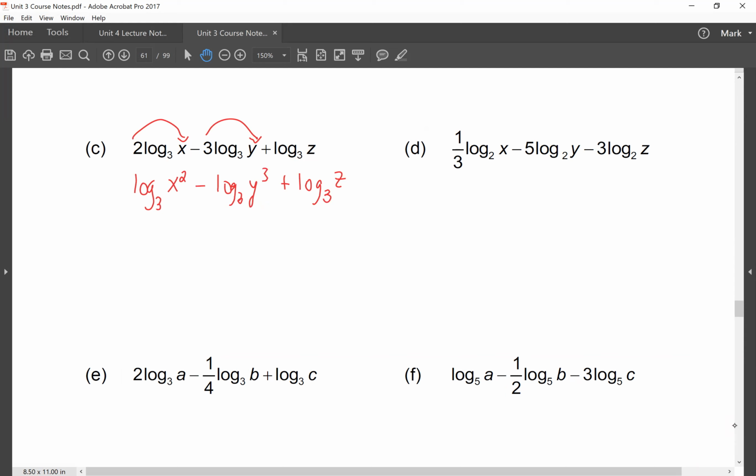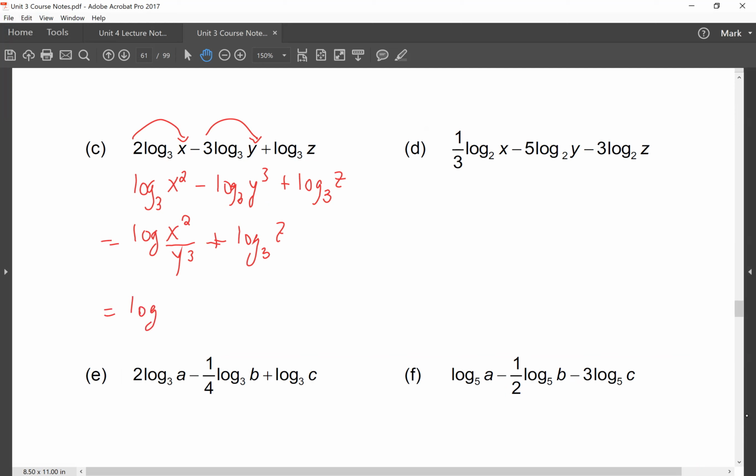What we're going to do is say log, and you can do it piece by piece. Log x squared over y cubed plus log 3z, and then this gets multiplied.